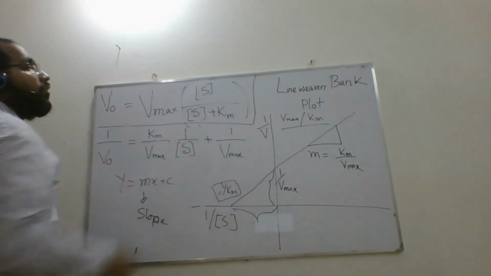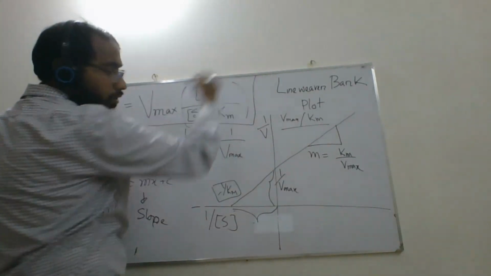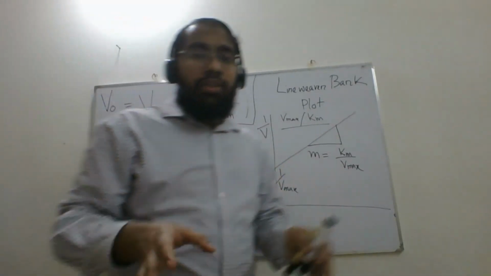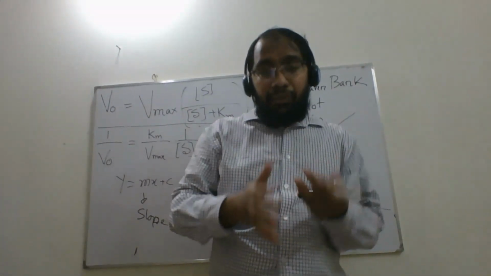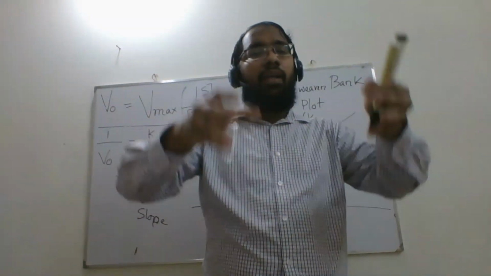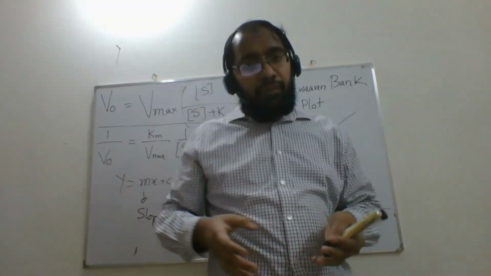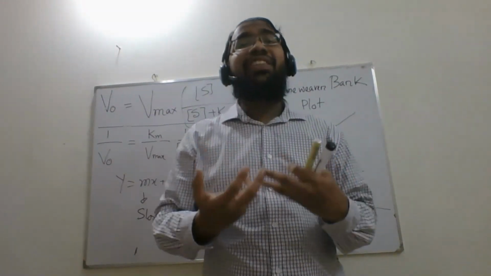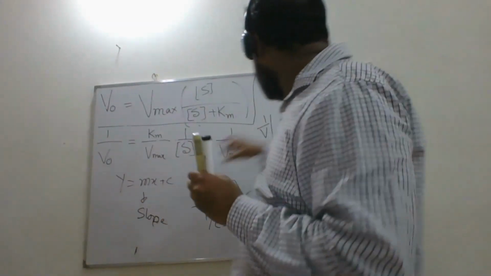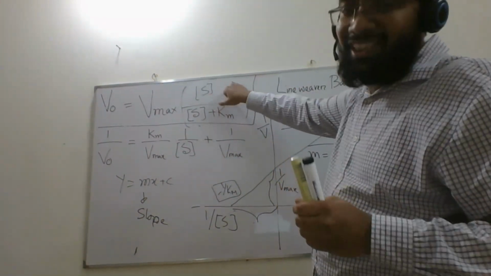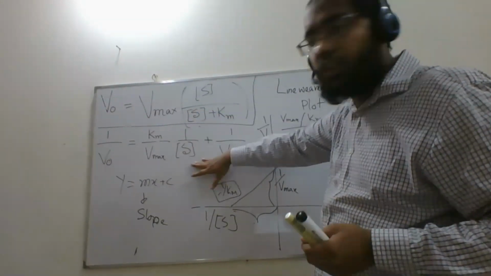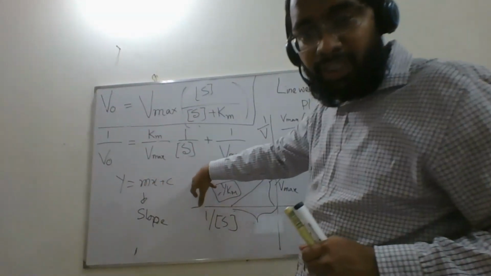But from this one it was difficult due to its curvature. So now you are satisfied that the Lineweaver-Burk plot gives us some independence to determine the Km value and the Vmax value with considerable confidence rather than the previous one. As a result, we need the Lineweaver-Burk plot from the Michaelis-Menten equation, and this is just the conversion of this equation to this equation in the format of y equals mx plus c.